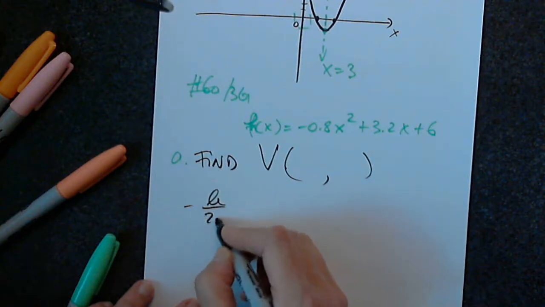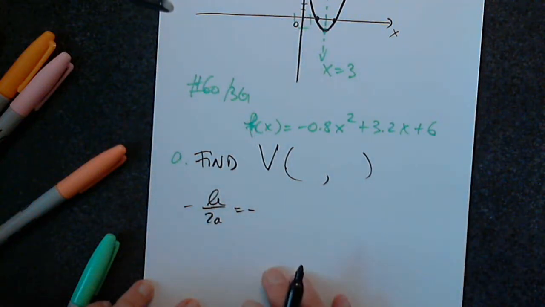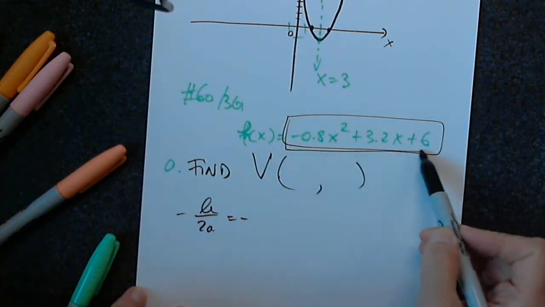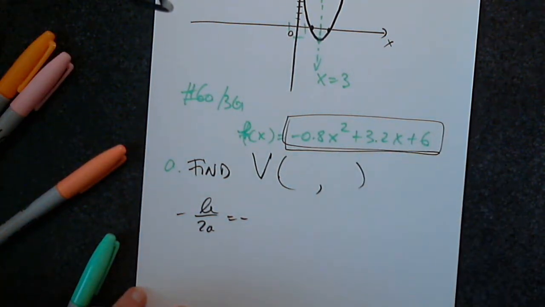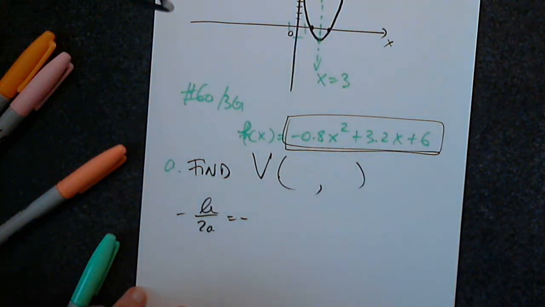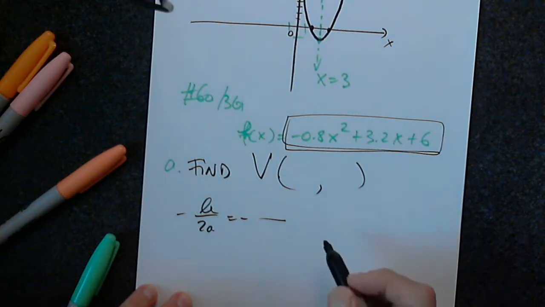So what did we say about the x-coordinate of the vertex? Excellent. Negative b over 2a. Be very careful. The quadratic function has to be arranged in descending order. If it's not given to you in descending order, first you have to rearrange it, because otherwise you will potentially identify the coefficients incorrectly. Good. So then negative b. What is b?